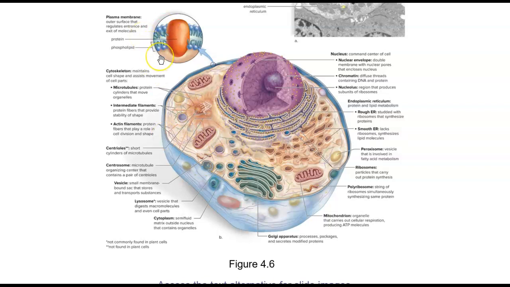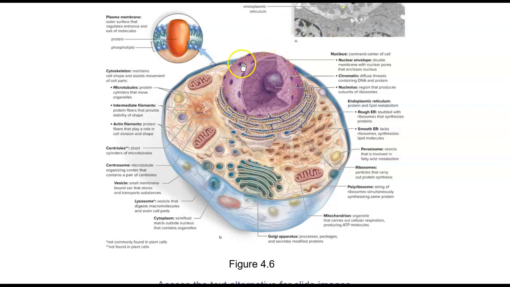This and the labeled diagram of a plant cell, because this one is an animal cell, a typical animal cell. The two diagrams of the plant and the animal cell are really good slides as far as an overview for this whole chapter. So let's look at these structures.